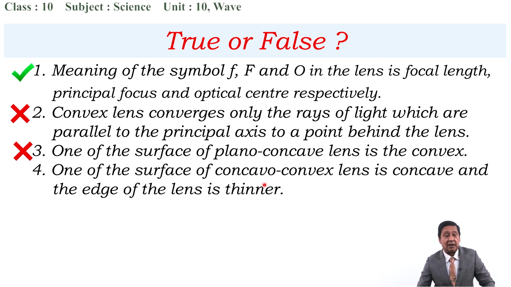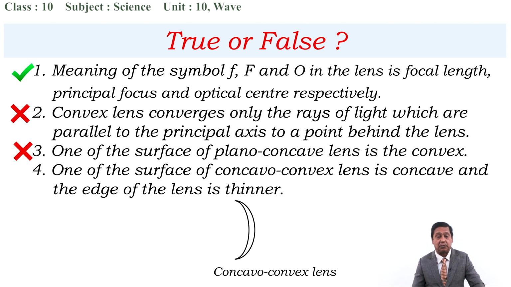One of the surfaces of a concavo-convex lens is concave and the edge of the lens is thinner. Is it? Let's have a concavo-convex lens. This is a concavo-convex lens. Why concavo-convex? It is a convex lens because the middle part is thicker than the edge, but one of the surfaces is concave, so concavo-convex. What is the argument? One of the surfaces of a concavo-convex lens is concave.